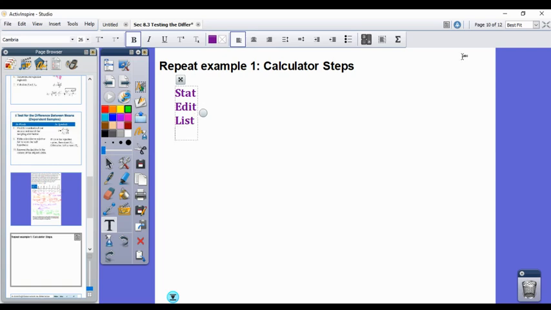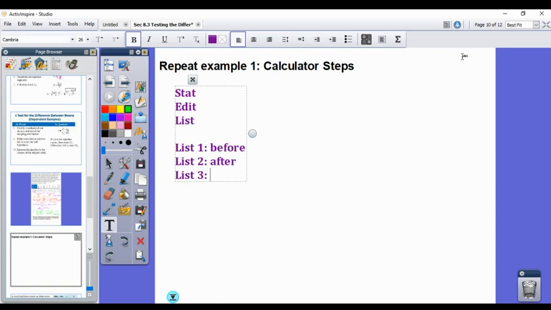In list 1, it's going to be the before values, and in list 2, it's going to be the after. And then you're going to put the difference in list 3, but you're not actually going to type all the numbers in.